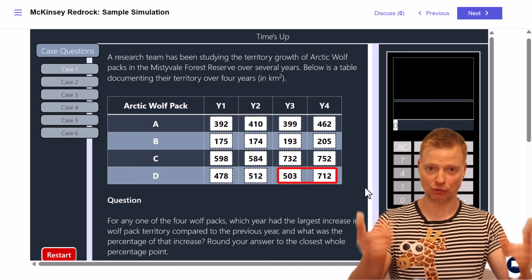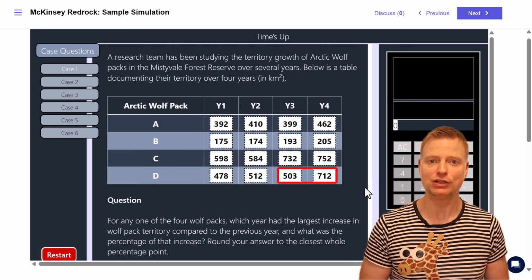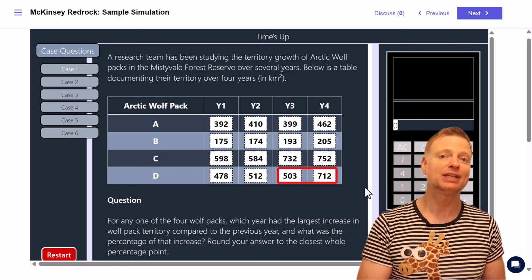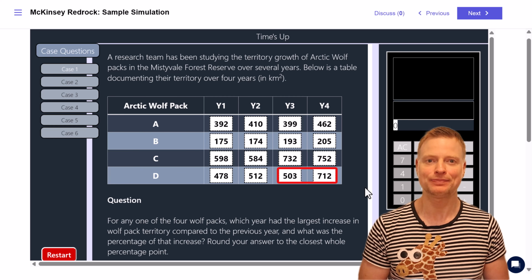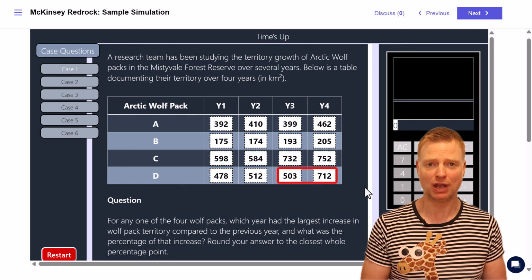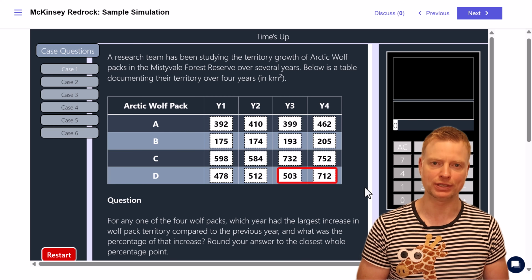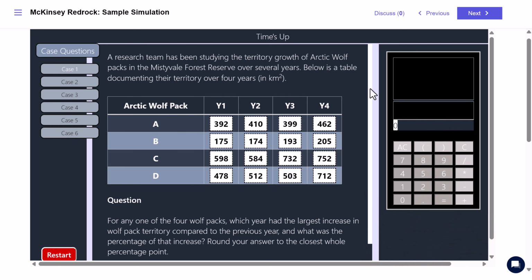You can see that on the right, during the cases part of a Redrock study as well, McKinsey sometimes invites you to again use its fiddly calculator. Given the following calculation is rather simple, I suggest you use it. So let's do that.